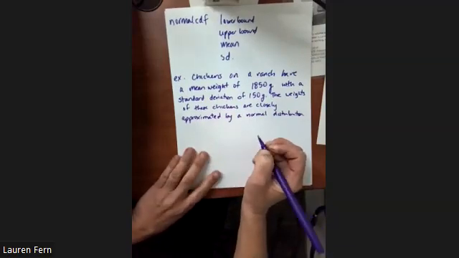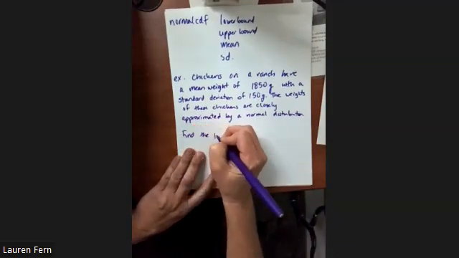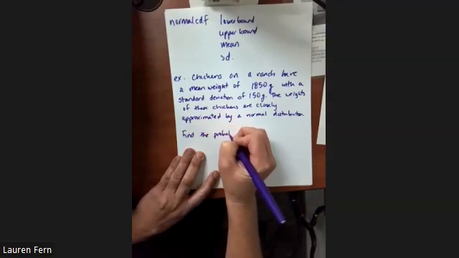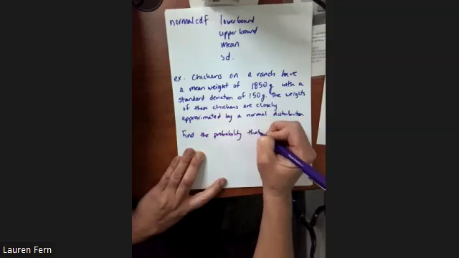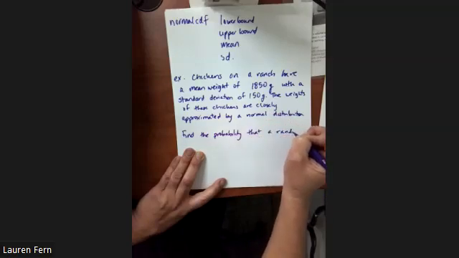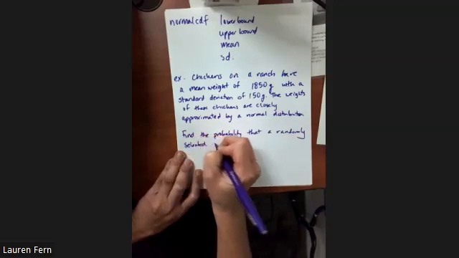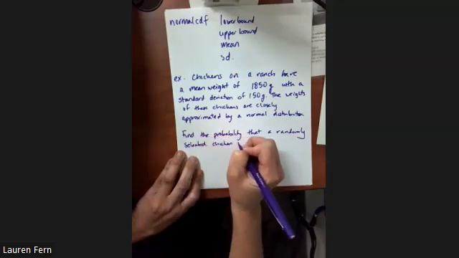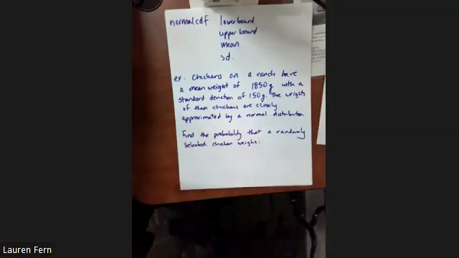What we then want to do is we're going to find a bunch of probabilities. We want to find the probability that a randomly selected chicken weighs, and then we get to have fun.